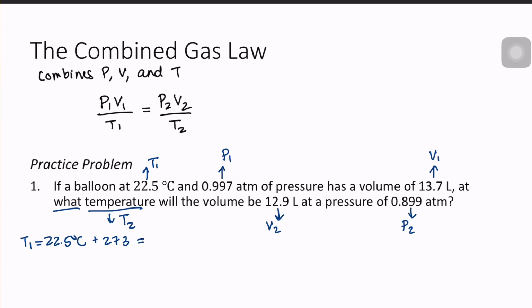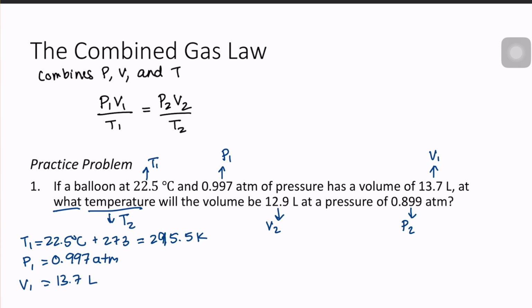Go ahead and plug that into your calculators. We have 22.5 plus 273. And I get 295.5 Kelvin. My P1 is 0.997 atmospheres, and my V1 is 13.7 liters.